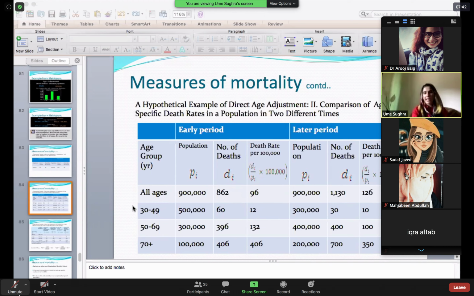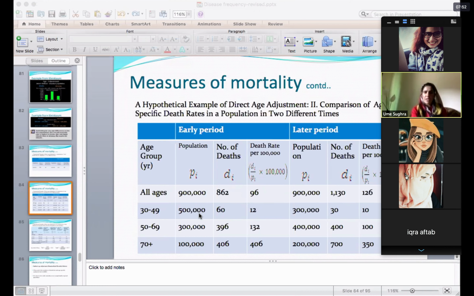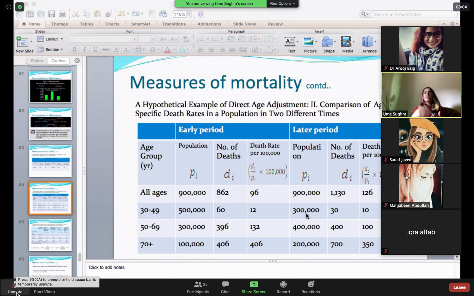How to calculate the expected number of deaths? If we have an 800,000 population, this means that these 500,000 individuals in the early period and the 300,000 of the later period, if we combine this population, then we will see how many deaths we could have in the early period if it followed the death pattern in this particular population.